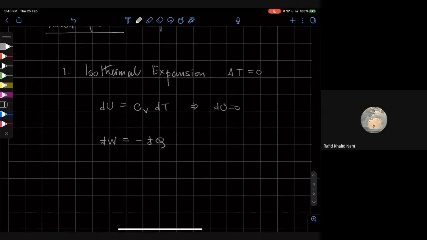Sir, that equation of this dU, it kind of doesn't match with the first one that you wrote, I think. There was another term, which was a dV multiplied by another thing.